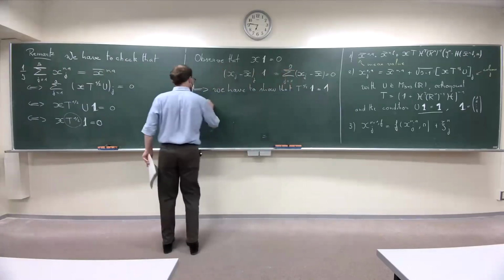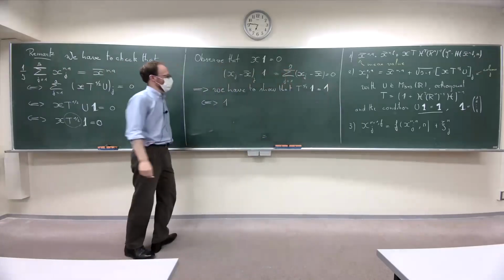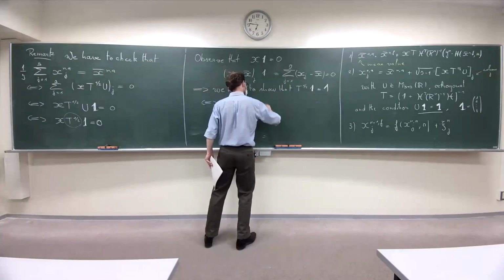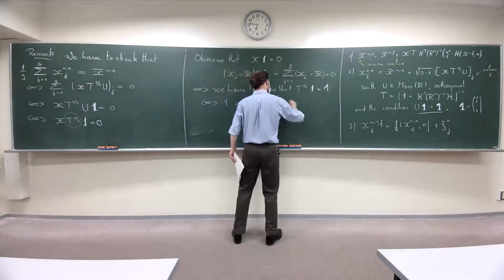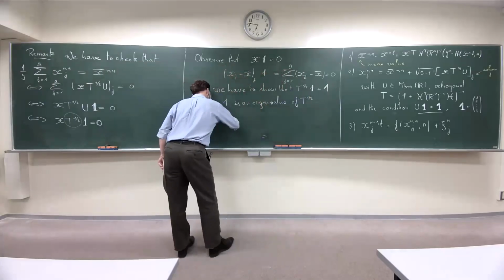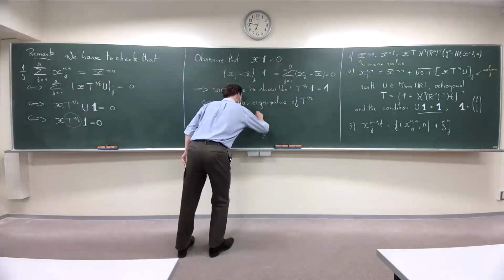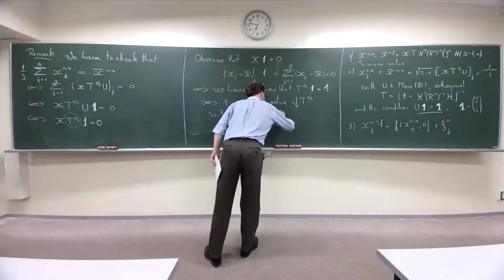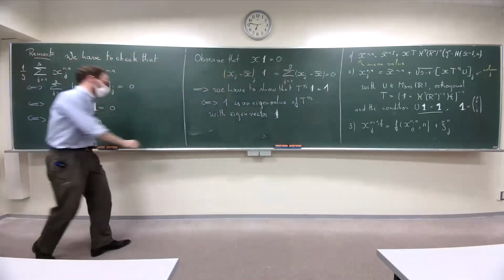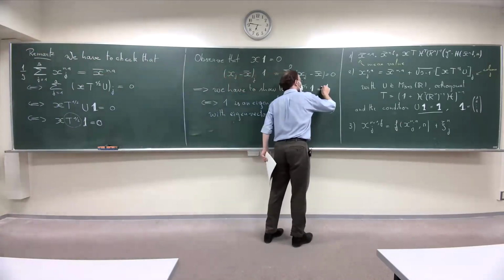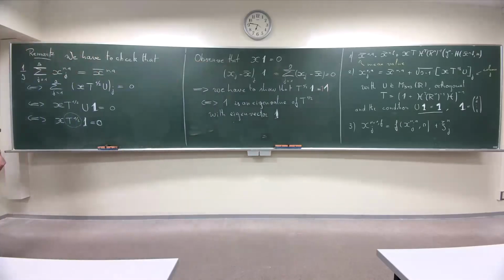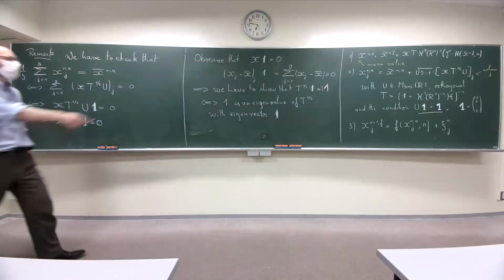But this is equivalent to saying that the value 1 is an eigenvalue of T^{1/2} with eigenvector 1, right? This is just equivalent. This equation means it's an eigenvector problem. You can just add the value 1, and you have this matrix applied to 1 is 1 times the vector 1. So this is what I need to show.